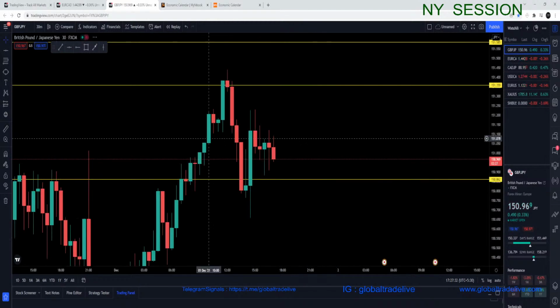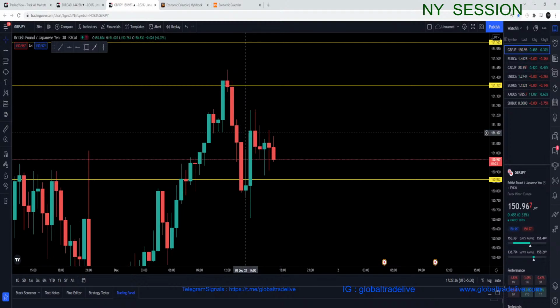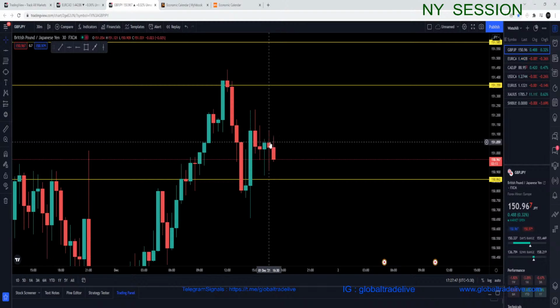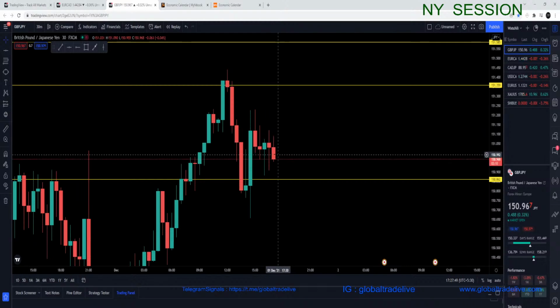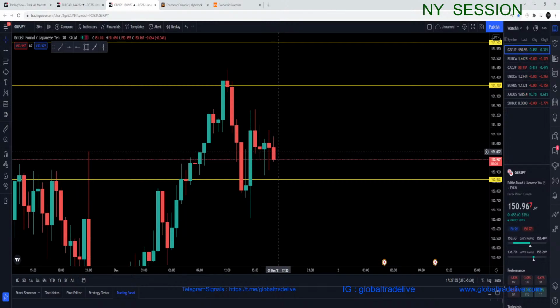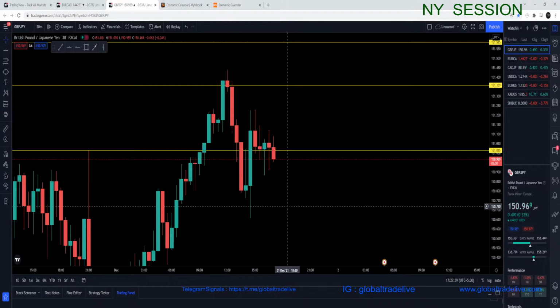So we can shift to the 30 minute time frame. Support formed over here, it rejected, support formed, that means bullish momentum is there. This candle broke the high but not the low, that means it's still intact. The current 30-minute candle hasn't broken the low and hasn't broken the high, but it's about to close below this area.